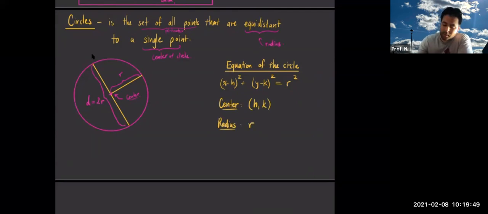If you find x and y that satisfy this equation, you would find the points on the circle. And all such x, y coordinates are the points that make up the circle. Okay? Not sure if that makes sense to you guys, but I hope it does.